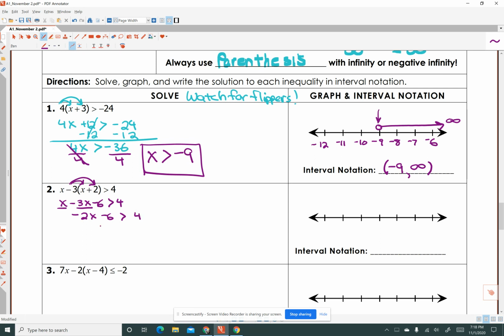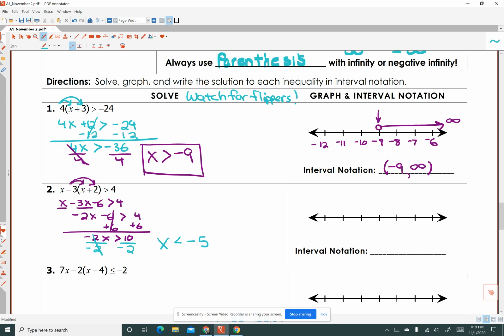We'll add 6 to both sides. Negative 2x is greater than 10. Now we are dividing by a negative number. We will need to flip the inequality symbol. So we will have x is less than negative 5.